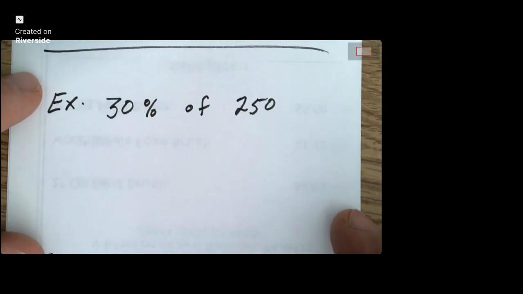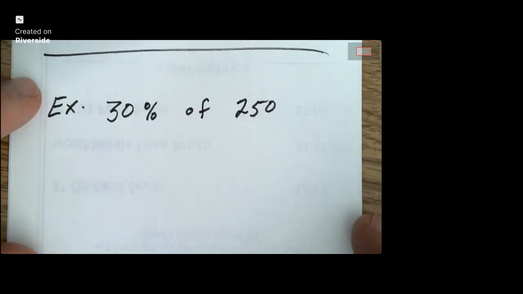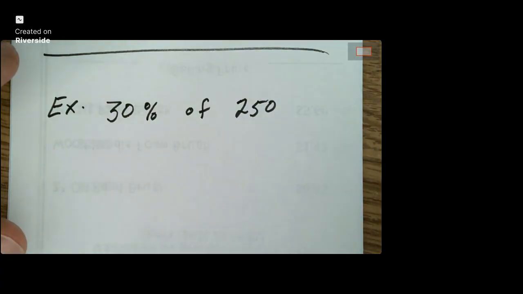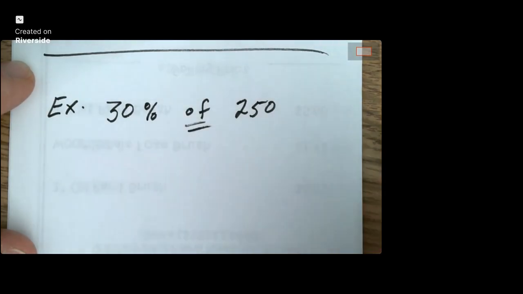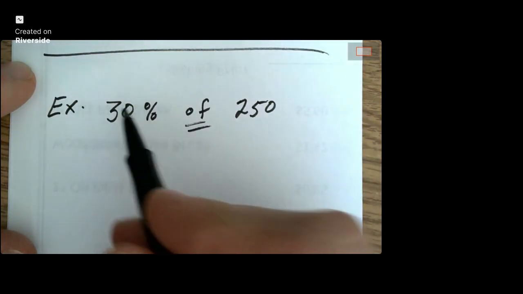All right, so let's scan down here to a problem I built, and it reads 30% of the number 250. Some keywords in math I like to always teach my students: anytime you're taking something of something, the keyword "of", this could be a fraction.